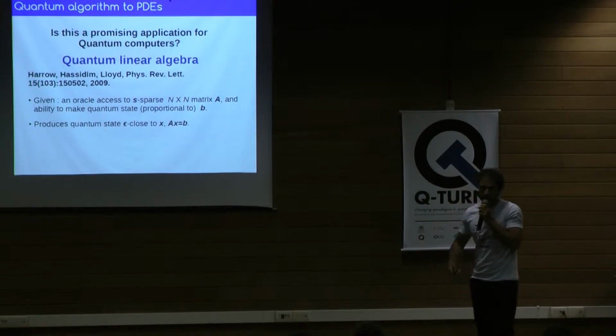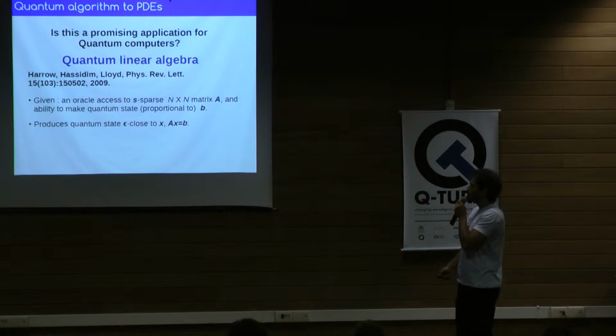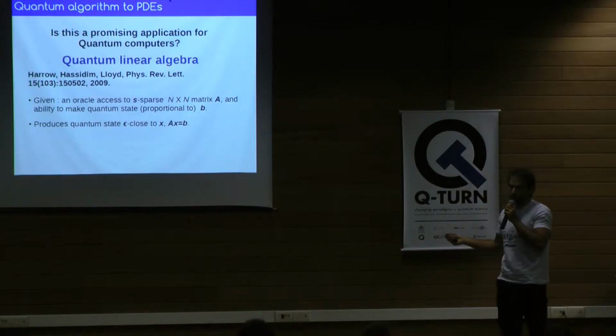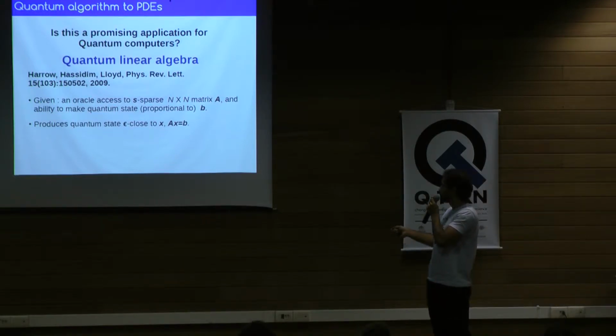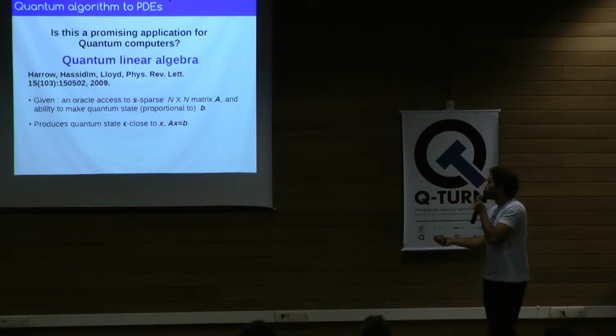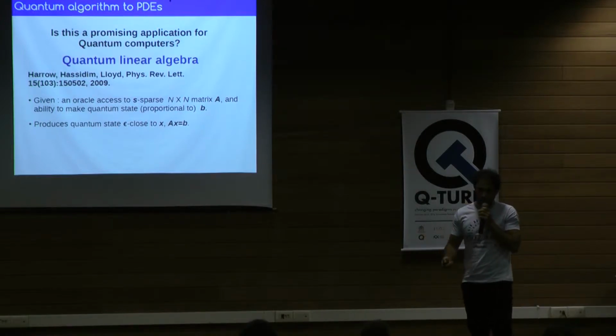Today, it is quite a well-known algorithm. The basic idea is that we have an oracle that can access the non-zero elements of a sparse matrix, and you have the ability to prepare a quantum state proportional to b, and then it produces in the end a solution of your linear system within epsilon of the real solution.